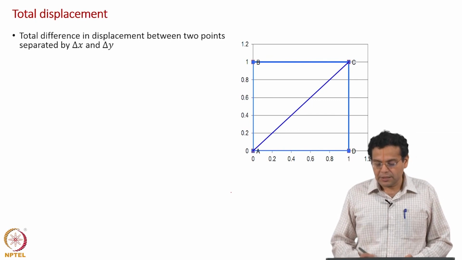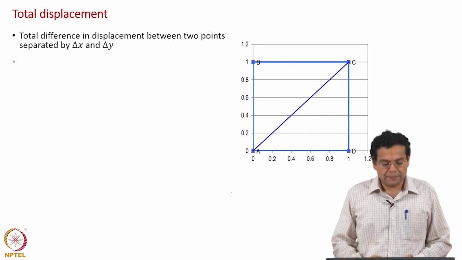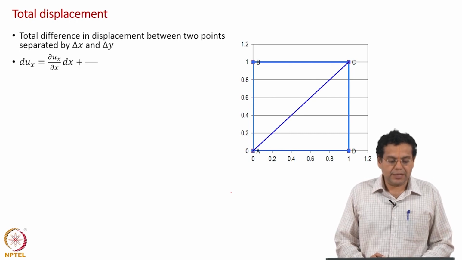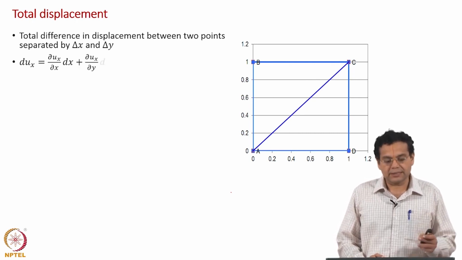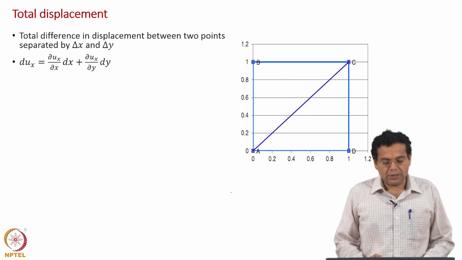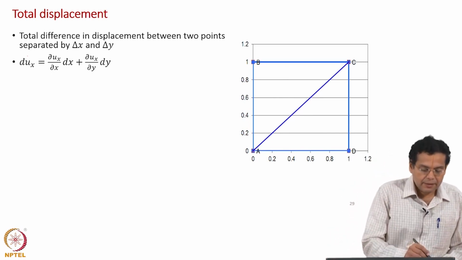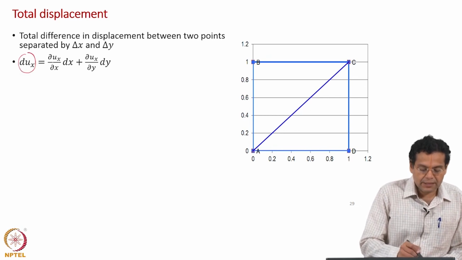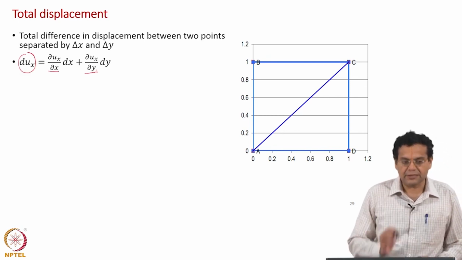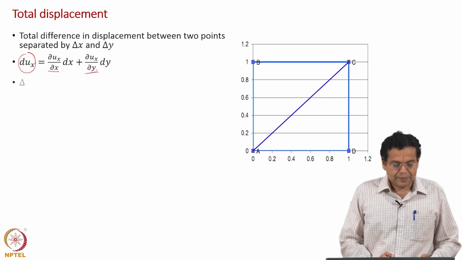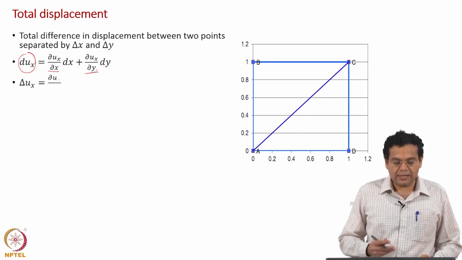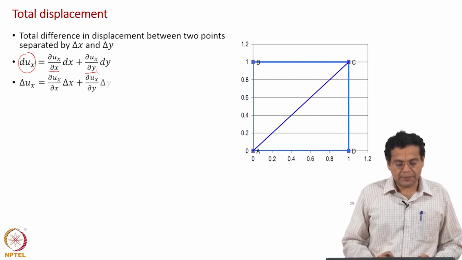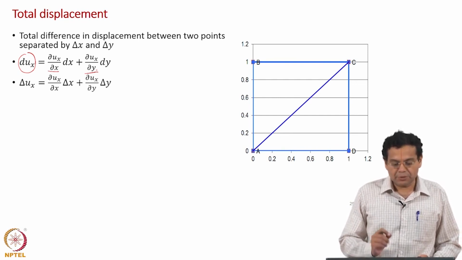The points are any 2 points in this plate. We write it, in the x direction, as dux equal to dou ux by dou x dx plus dou ux by dou y dy. This is using the first method, where we express the total differential in terms of partial differentials. Now, I will write in terms of delta for easy understanding. So, delta ux equal to dou ux by dou x delta x plus dou ux by dou y delta y.